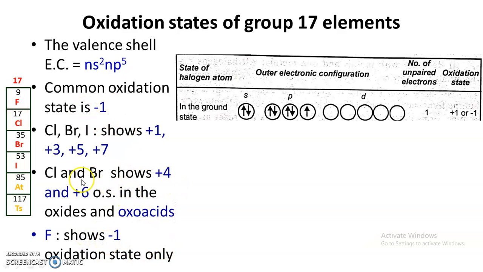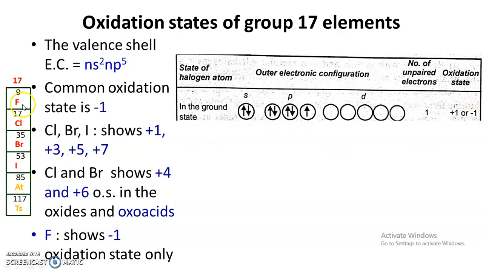Now these various oxidation states of halogens like fluorine, chlorine, bromine and iodine are correlated with their electronic configuration. This is the ground state electronic configuration of a halogen, ns2np5, and it requires only one electron to complete the octet. When a halogen gains one electron, its oxidation state will be -1.